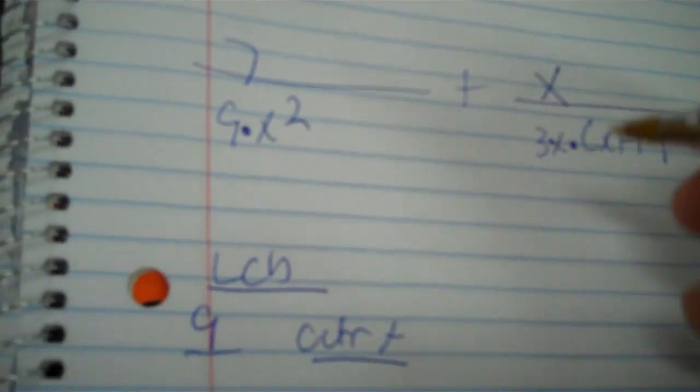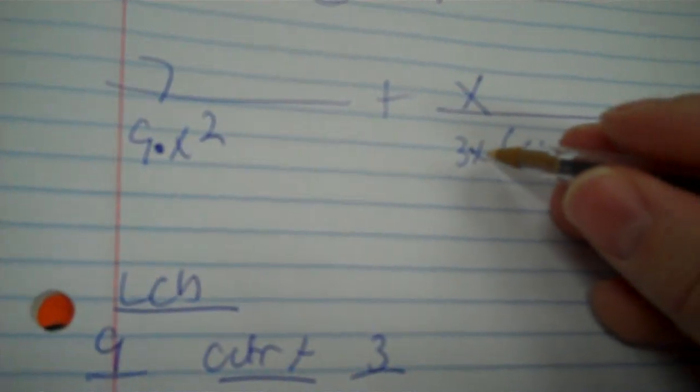Okay, LCD. So you have 9. You have outer x. You have 3. You have outer x again, and you have the parentheses x plus 1. So 9, you got 1 and 0, okay?